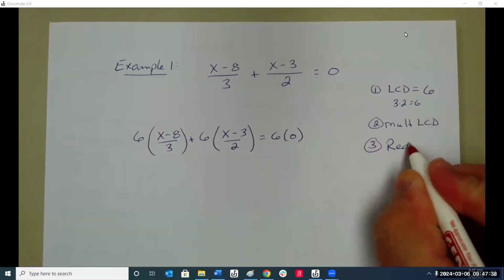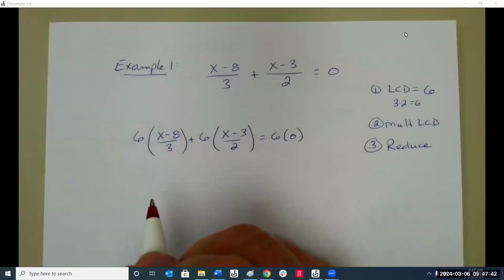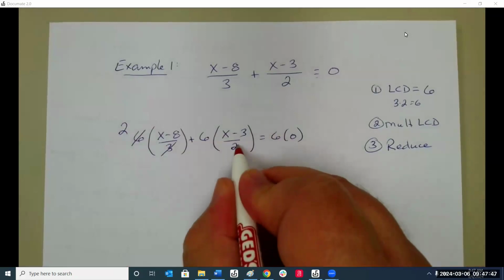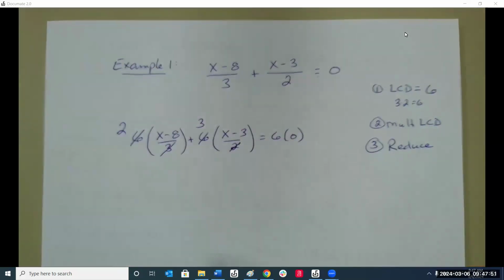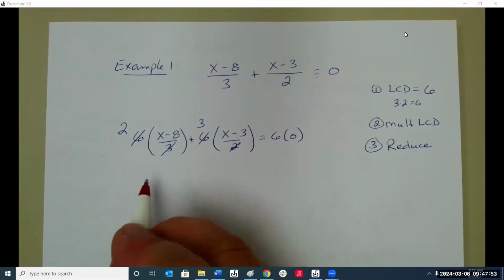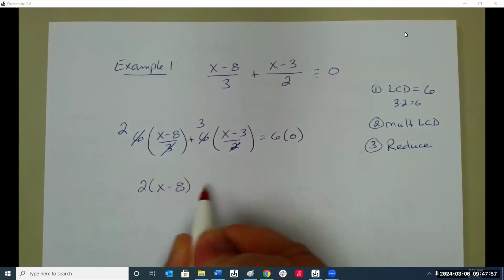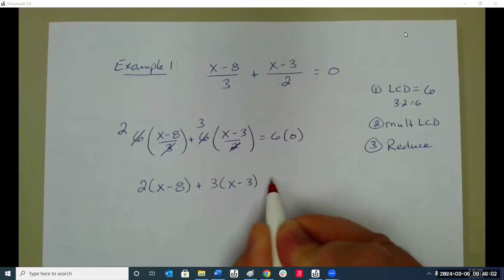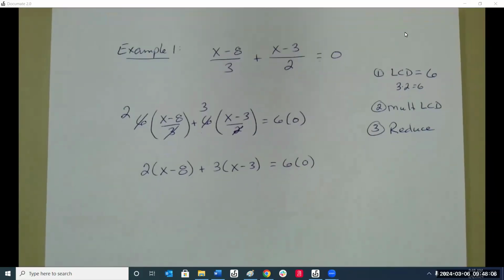Now we reduce. The 3 goes into 6 twice. The 2 goes into 6 3 times. I got rid of all the fractions.